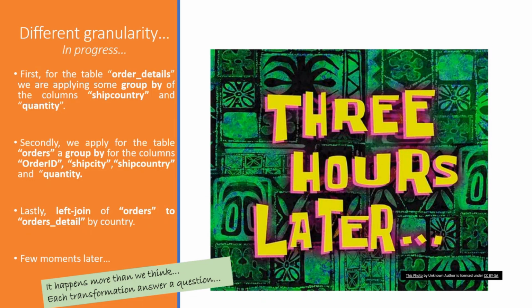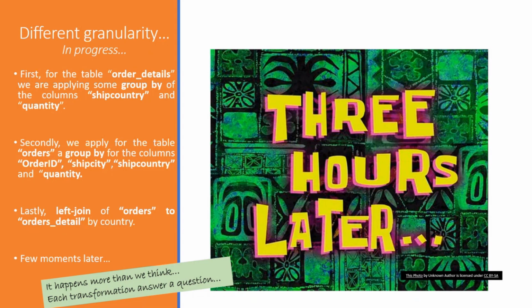This is something that makes sense, but actually it doesn't make sense, and it happens more than we think, because when we're working with data analysis or data manipulation or processing of the data, we always sort the data in a way that we answer questions.